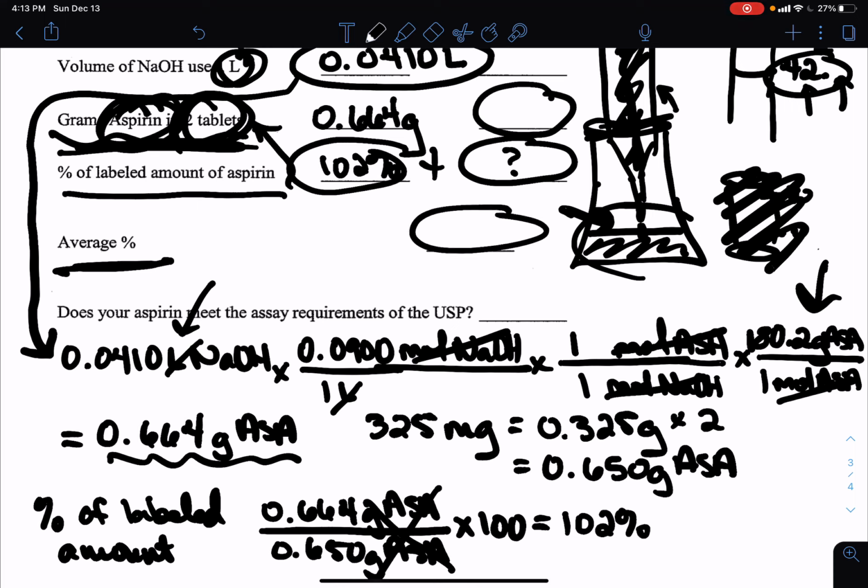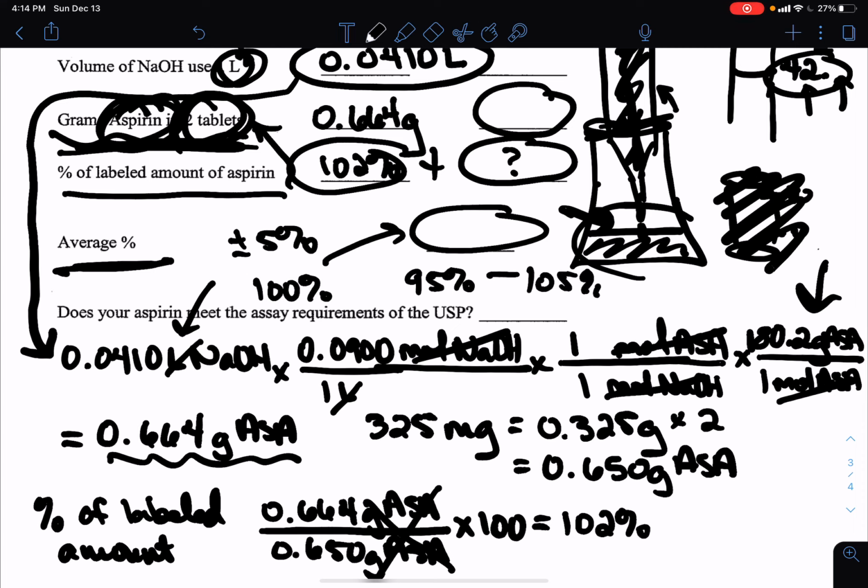And it says, does your aspirin meet the assay requirements of the USP? Okay, so what the USP says is that you can only be 5% off, and that's plus or minus 5%. So 0% off would mean that you had an average of 100% right here. So 5% off means that your average percent can be from 95% to 105%, because that's 100% plus or minus 5%.